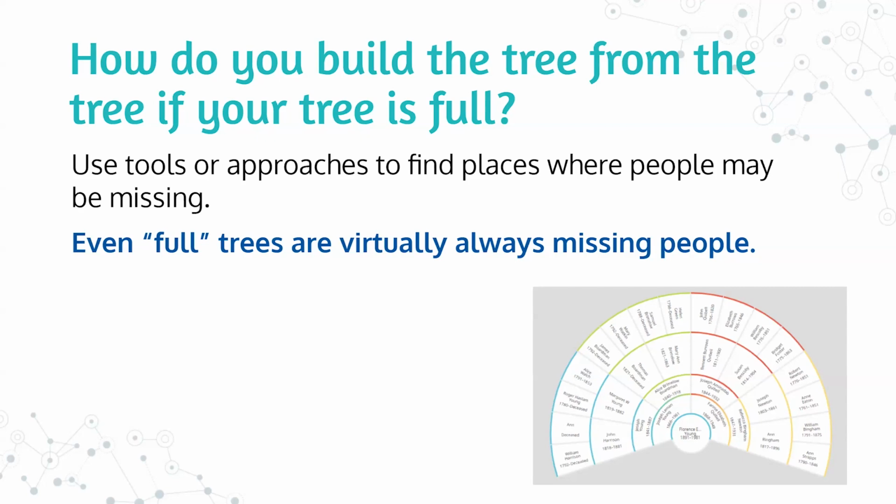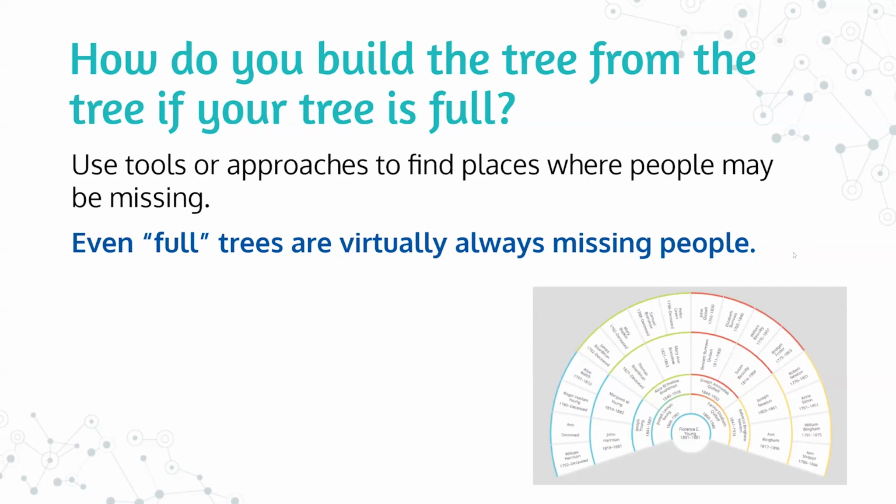Everybody else, even though their trees looked full, there were still people missing. And I kind of suspect that if I'd had more time, I might have been able to find a place where people were missing from that one other tree. But this is actually very encouraging, that even on full trees, there is almost always work to do.